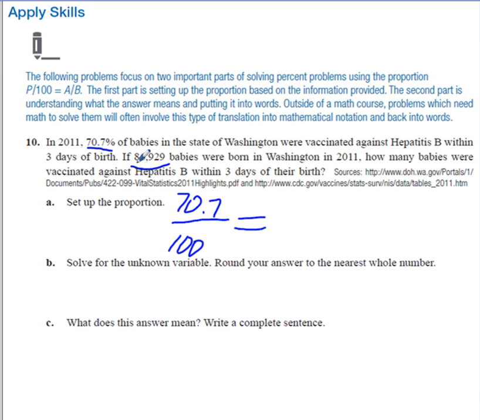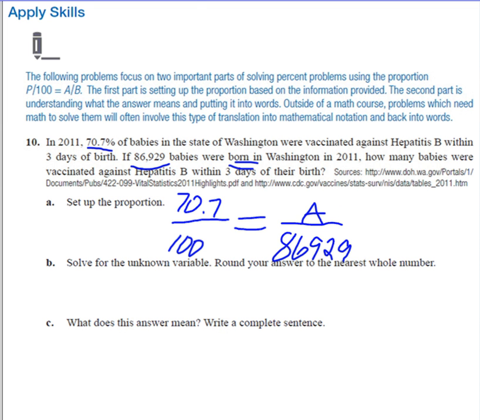So if we read this again, if 86,929 babies were born in Washington in 2011, that's going to give us the total. The 70.7 represents the vaccinated, and that number isn't the vaccinated. So that is the B value, the total amount, so we put it in the denominator, 86,929. And our unknown value would be our amount.